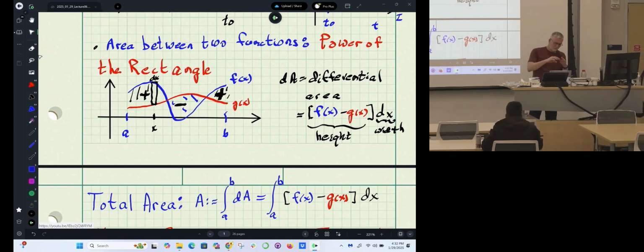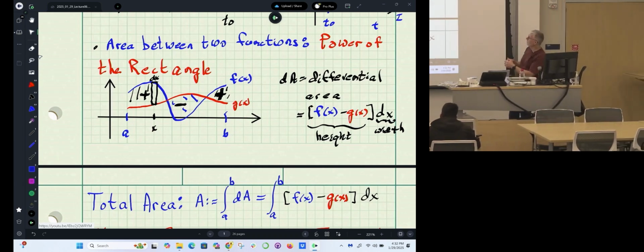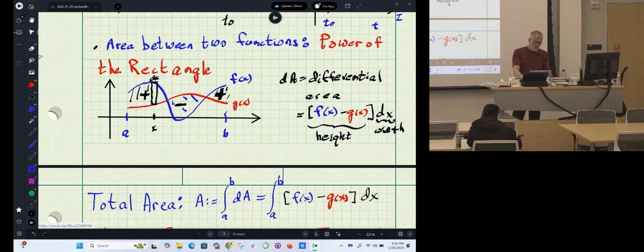Even though other functions where we know the closed form solution could be very interesting for finding numerically an approximate value of an integral, when you're trying to derive formulas, the rectangle is just the easiest thing.